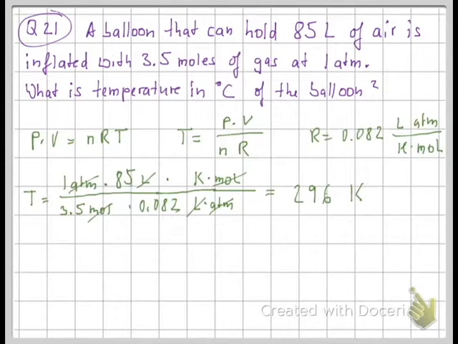But they want us to report the answers in Celsius, so 296 minus 273 equals, I should probably be able to do this in my head, but I'm not, 23 degrees Celsius.